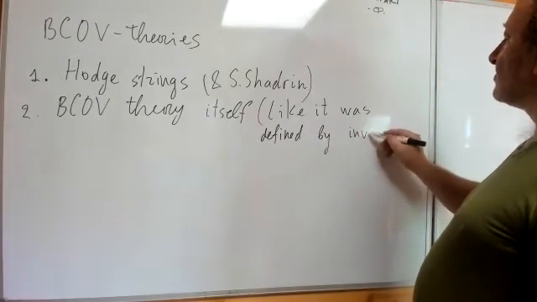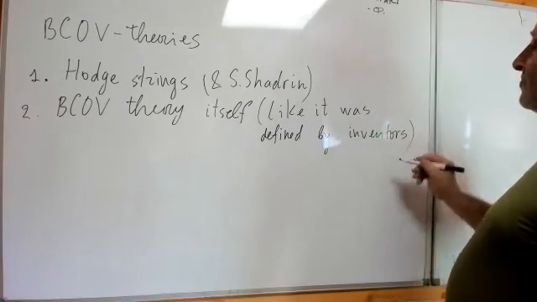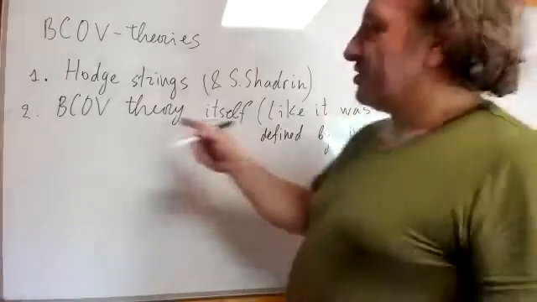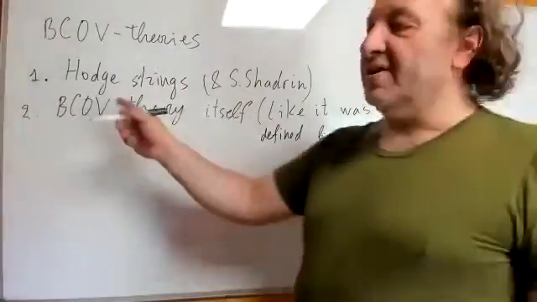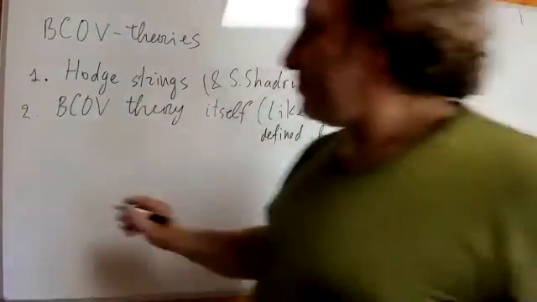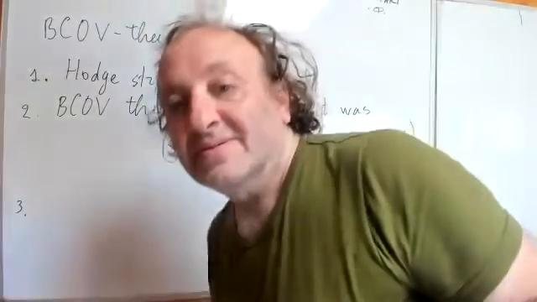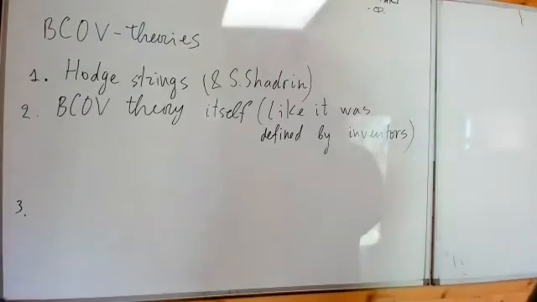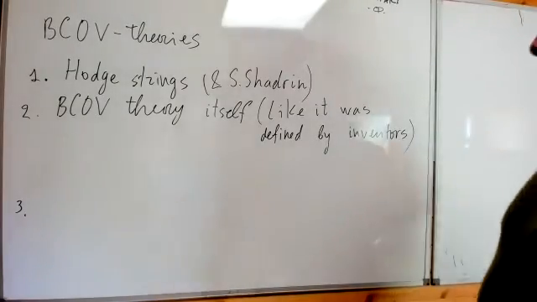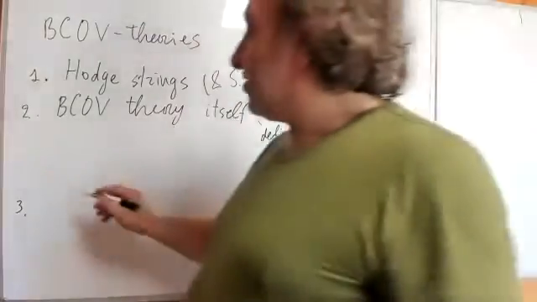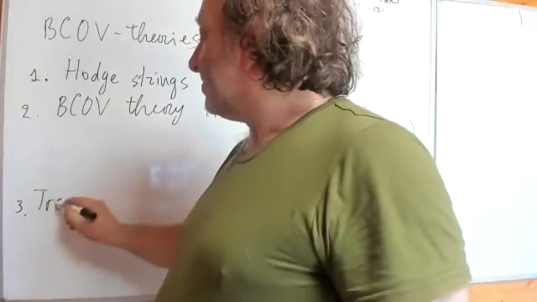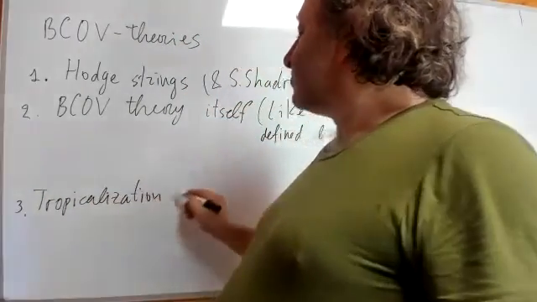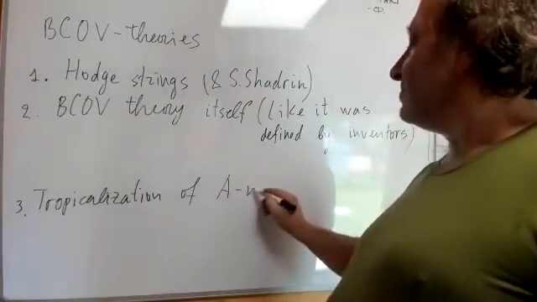They also called it Kodaira-Spencer gravity or something like that, right? Yes, but mostly it is known as BCOV. And the third theory is a version of this theory that comes from the tropicalization of a model.